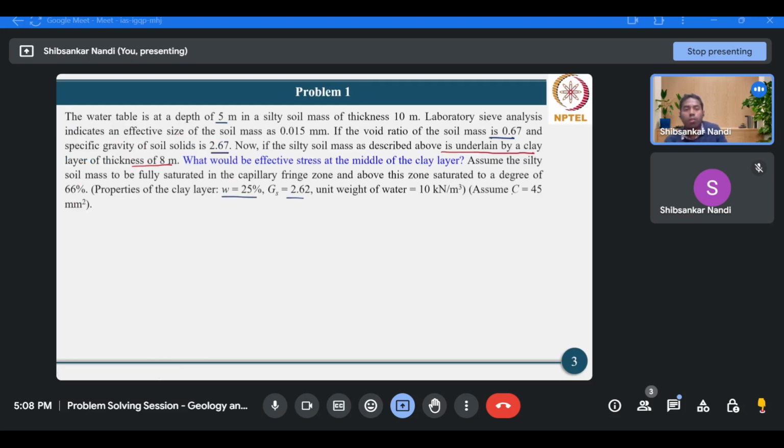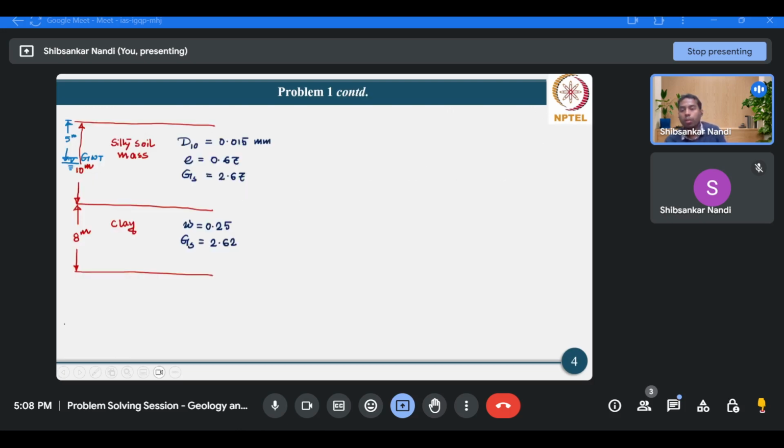And there is one constant mentioned as C equals 45 millimeter square. Now the question is, what would be the effective stress at the middle of the clay layer? So we have to determine the effective stress. Suppose this is point A.